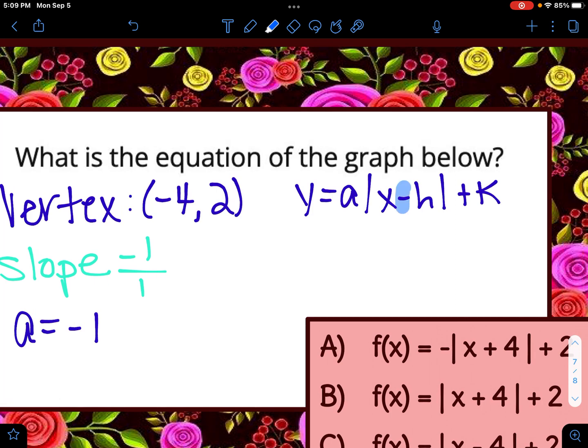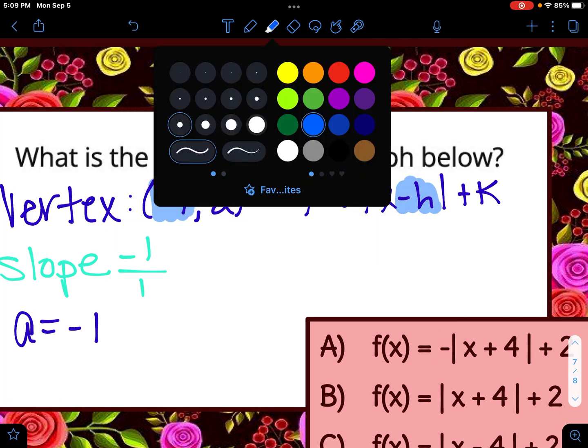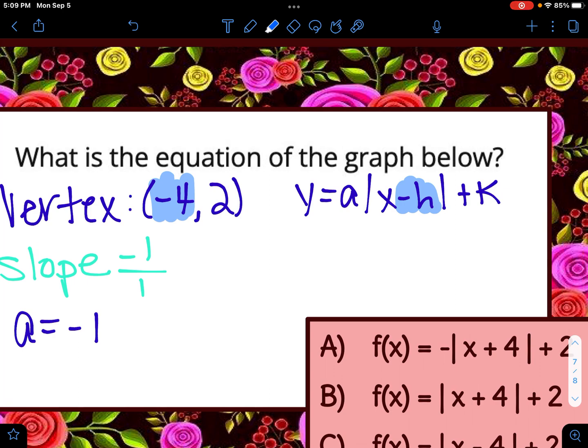So here's my -h. I switched the sign on k, or switched the sign on h, sorry. Oops, that's not right. I keep the sign on k, and then a is my -1.